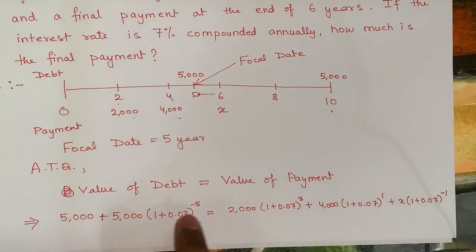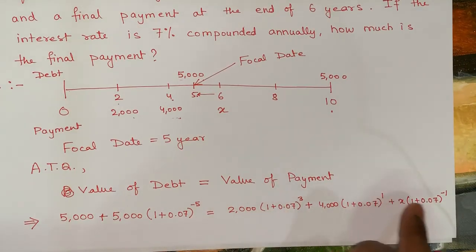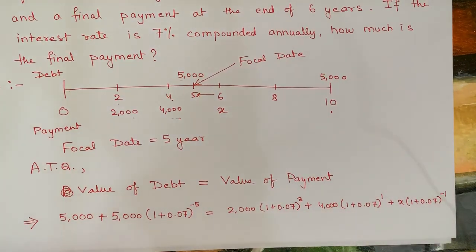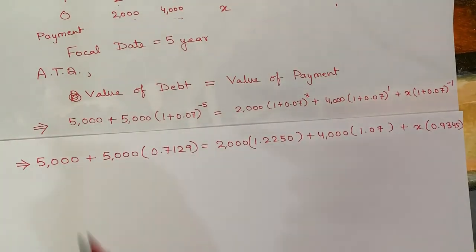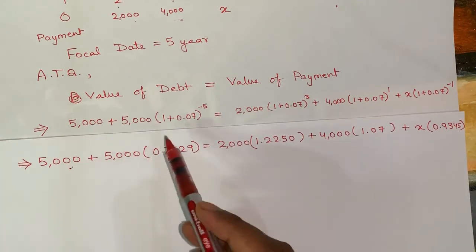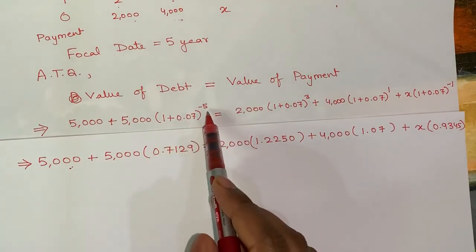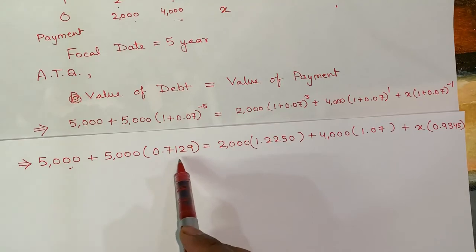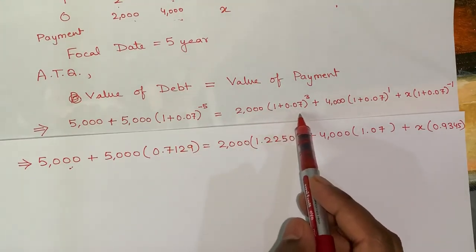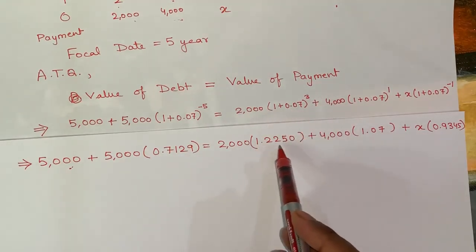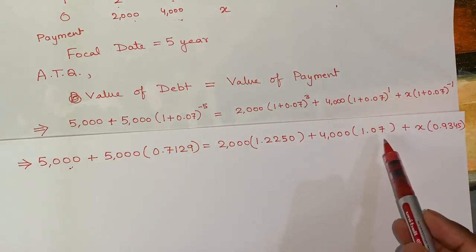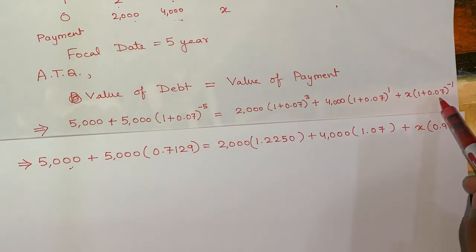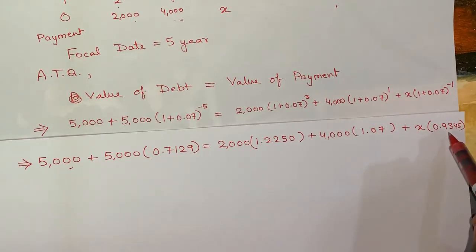Now we find these values from the back side of the book in the tables and right here. So the values which we get are 5000 is equals to 5000, 1.07 to the power minus 5 is 0.7129, 1.07 to the power 3 is equals to 1.2250, 1.07 to the power 1 is equals to 1.07, and 1.07 to the power minus 1 is equals to 0.9345.